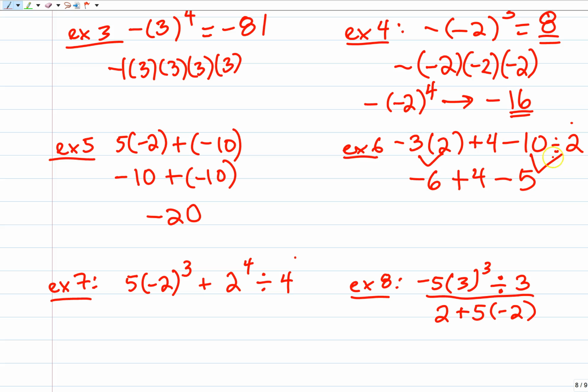If you think about it as a negative 10 divided by 2, it's still negative 5. Just be careful that that 5 stays negative, okay? Now we're left with adding and subtracting. I can type all that in, hit enter. I would combine the negative and the negative. What is negative 6 minus 5? Yeah, because I think of that as negative 6 plus negative 5. What is negative 11 plus 4?